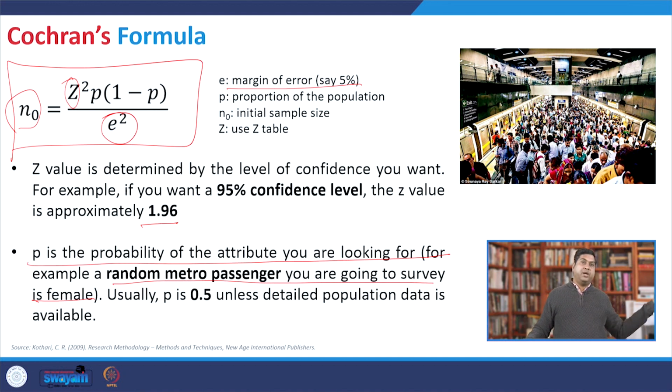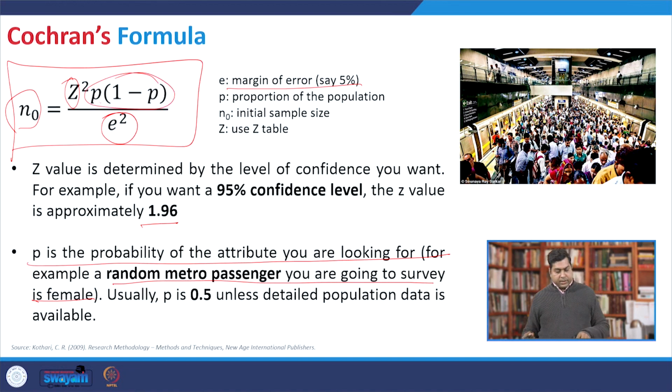If you know that a particular population is 30% female and 70% male, and you want an equivalent distribution among them, then you are going to take the p value as 0.3 and 0.7, where your intention is to tap the female respondents. Because you have p and also 1 minus p, the total is 1, whatever value you take, you also have this multiplied.